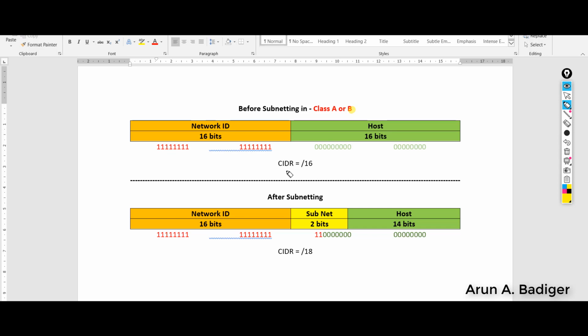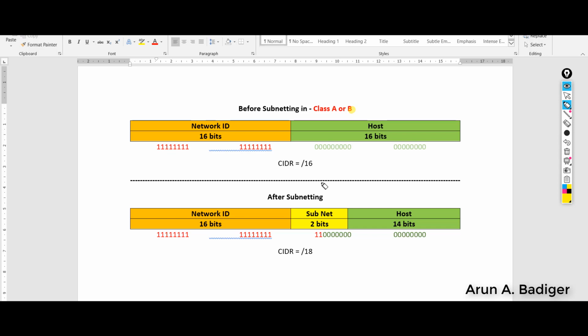For this the CIDR number will be 16, that means 16 network bits are there. CIDR stands for classless inter-domain routing. It is used to identify the network ID.